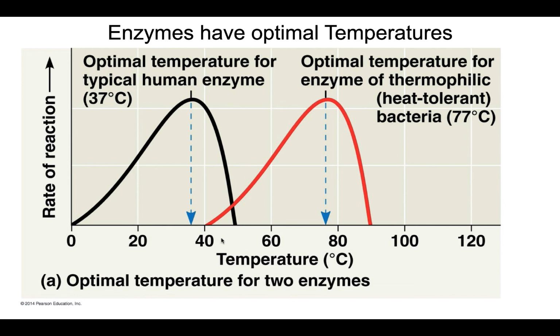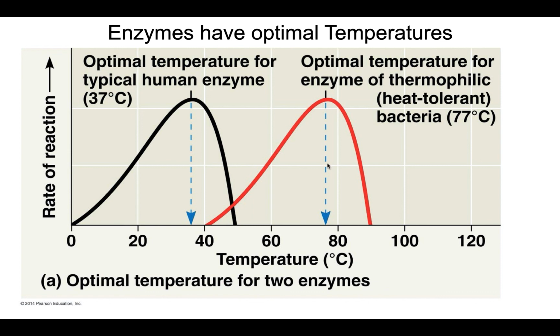If we keep increasing the temperature, suddenly now our other enzyme begins to increase in activity until we get the optimal or the highest rate for this reaction right here.